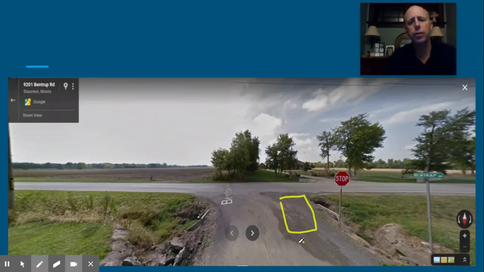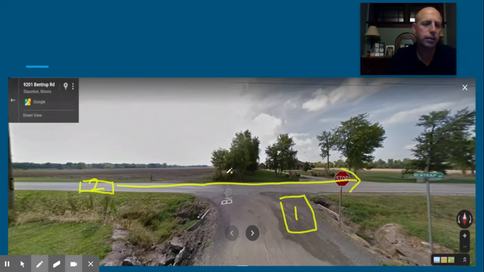But so if you're here and you're in this car, we'll call this car 1. And over here we have car 2 traveling down the road. Car 2 has the right-of-way. Car 2 gets to travel on by. And then once they're by, then car 1 can make their left turn if that's what they're doing, and they can head on to Livingston.